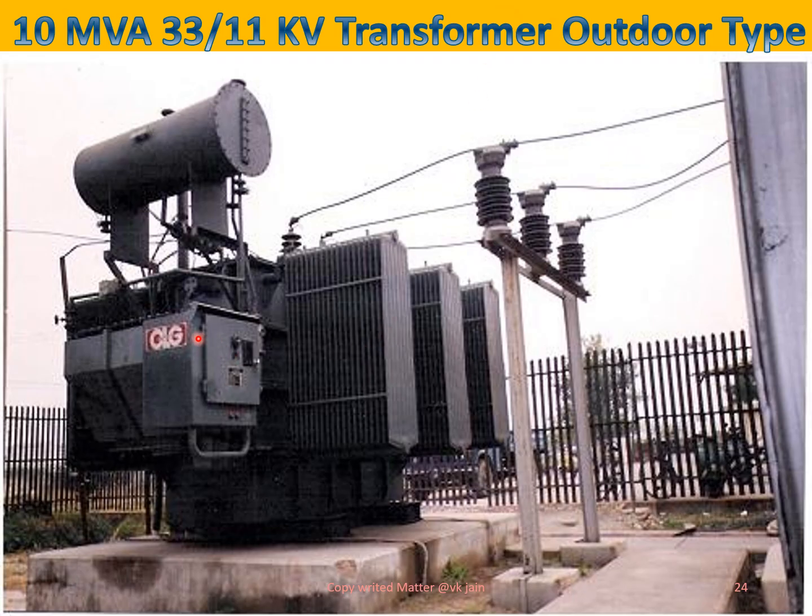Now you can see here clearly the transformer has radiators, the main transformer body having windings, and this is the oil conservator which keeps on supplying oil to the entire radiation system.